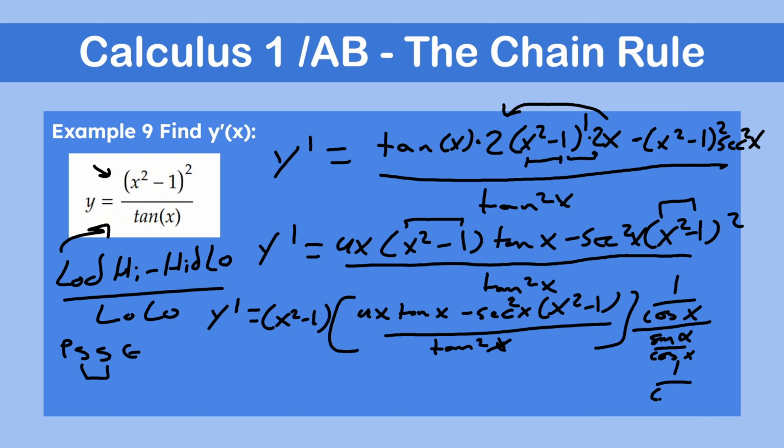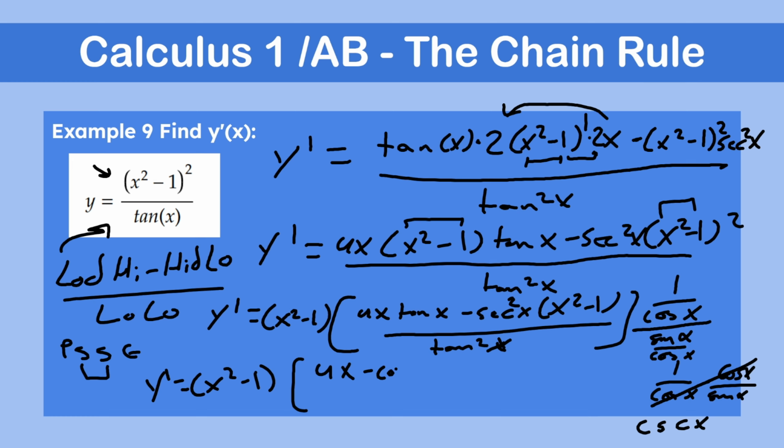So if we were to divide by a tangent, we would be left with cosecant x multiplied by secant x, because we only got rid of one secant and not both of them. So we can rewrite this to be x squared minus 1 multiplied by 4x minus cosecant x secant x multiplied by x squared minus 1 all over tangent x. And that will be our final answer.